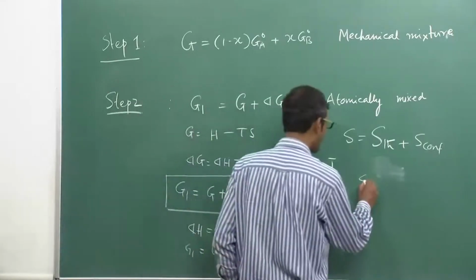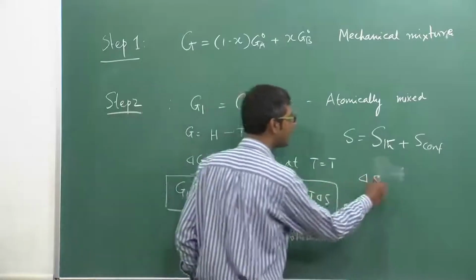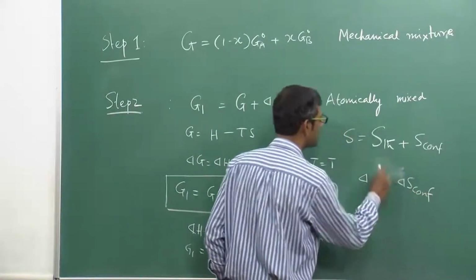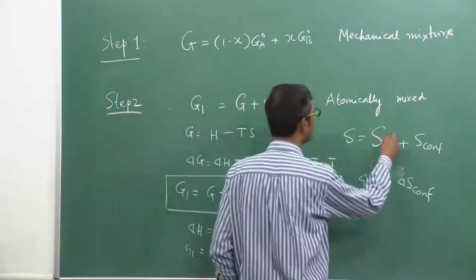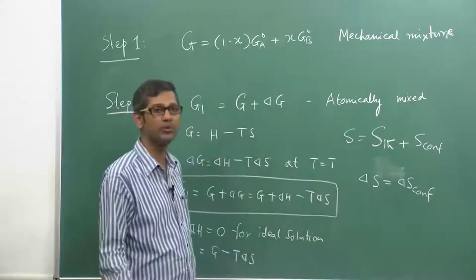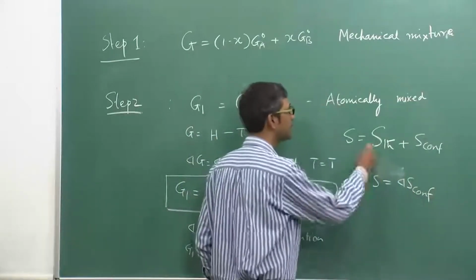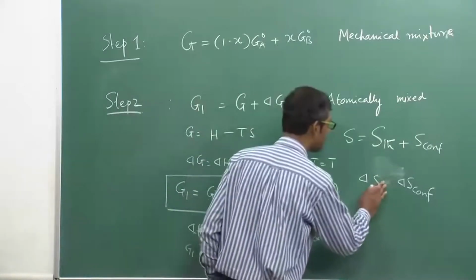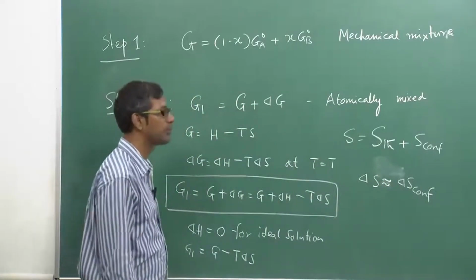So delta S, which is shown here in this term, comes directly from the change of configurational entropy. The thermal part is ignored. It has been observed that the thermal part contributes only 1.5 to 2% of the total entropy change. That is why it is not considered in the general sense, but specifically we should write that this is almost equal to the configurational entropy change.